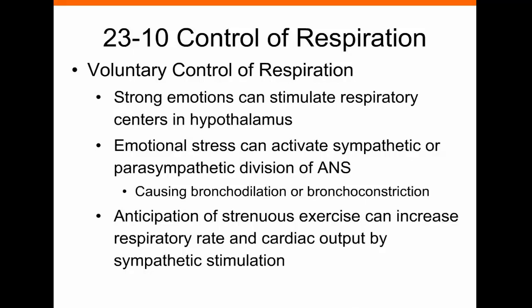So people with asthma, if they get very, very upset, can get an exacerbation of their asthma, but likewise if they've got asthma and they laugh a lot, that can also bring on an asthma episode. So the anticipation of strenuous exercise can also increase respiratory rate and cardiac output by sympathetic stimulation.